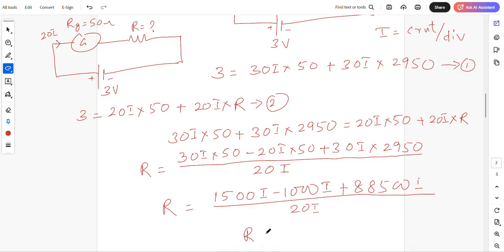R will be equal to, subtracting 1500 minus 1000, plus 88500, that is 89000I by 20I. I gets cancelled, 89000 by 20 will be equal to 4450 ohm. Okay, hope you understood.